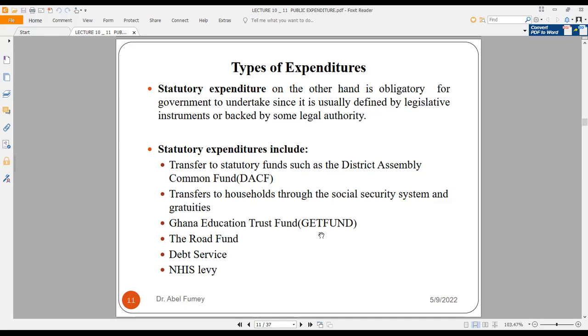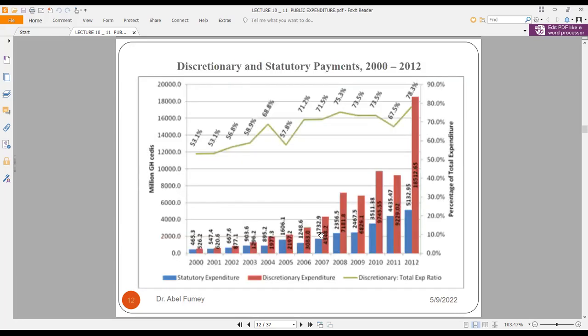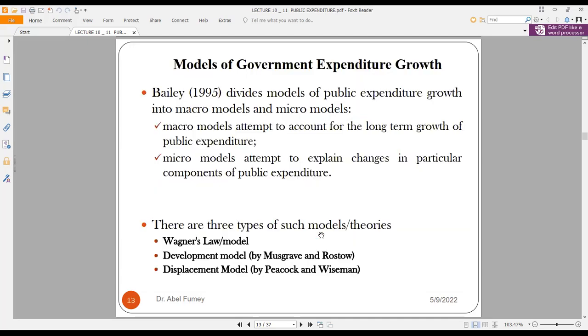Periodically, it is compulsory for the government to send funds to support those activities, because they are backed by law. All right, so that covers the discretionary and statutory payments.